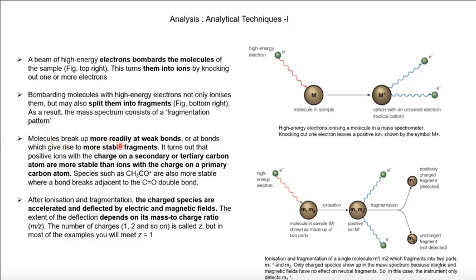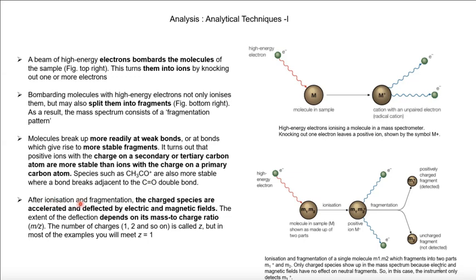Molecules react more readily at weak bonds and at bonds giving more stable fragments. It turns out that positive ions with the charge on secondary or tertiary carbon atoms are more stable than the ions with a charge on the primary atoms. So such species are more stable than this double bond which breaks.